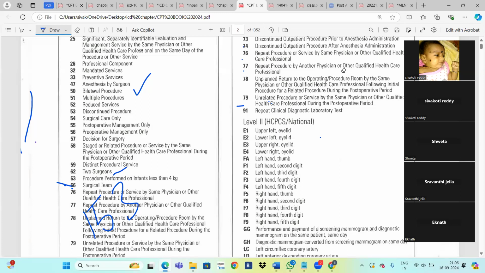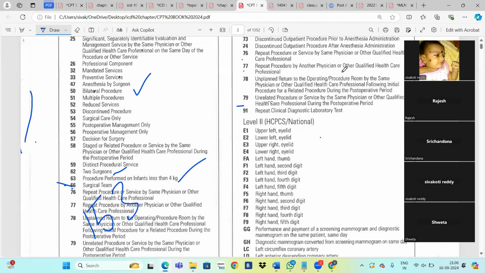Transplantation and major procedures will not be performed by one or two physicians. A group of physicians will work on the procedure. Like if they want to do a heart transplantation, a group will work. So surgical team wise they will do it. So for surgical team, you need to add 66. Procedure performed on less than 4 patients, 63. Okay. 62, 63, 66 clear, right?